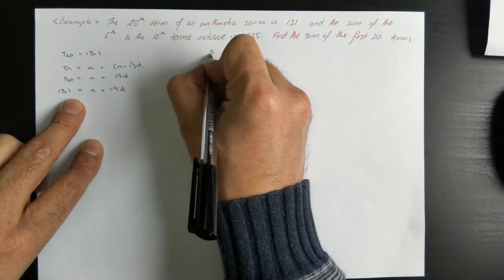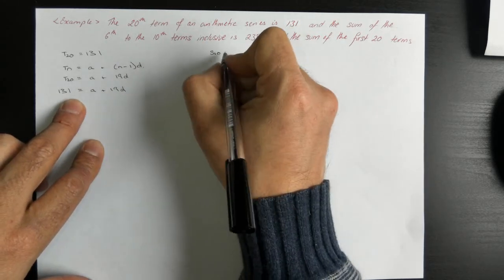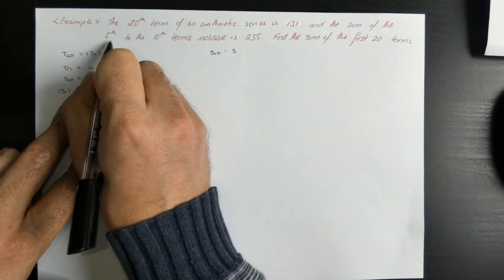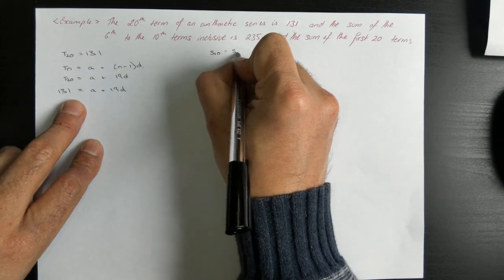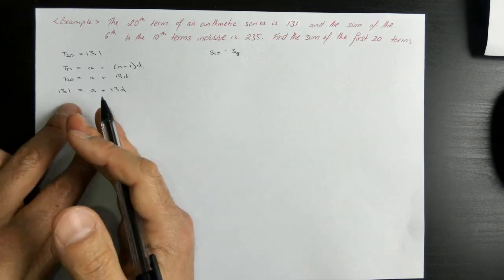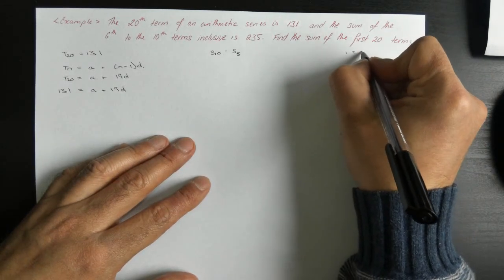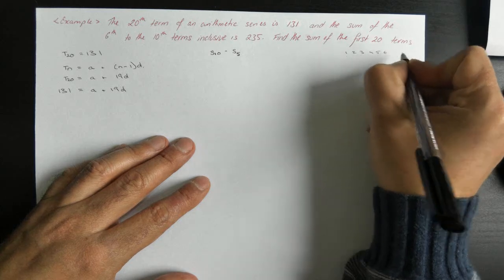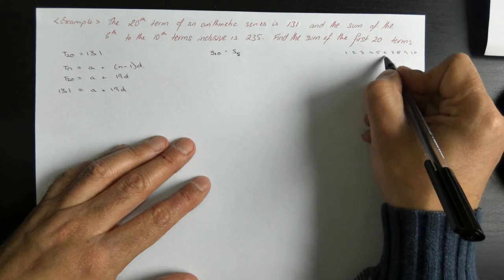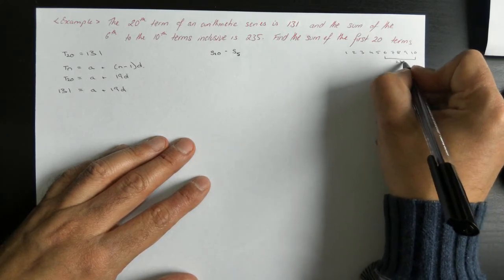So the sum of the 6th to 10th terms inclusive. Rather than the sum from 6, I need the sum of 5, because if you think of it, from here to here is 235.